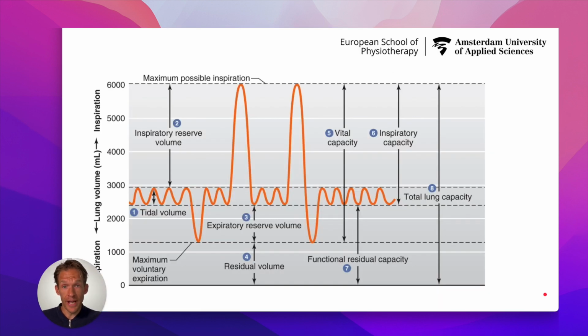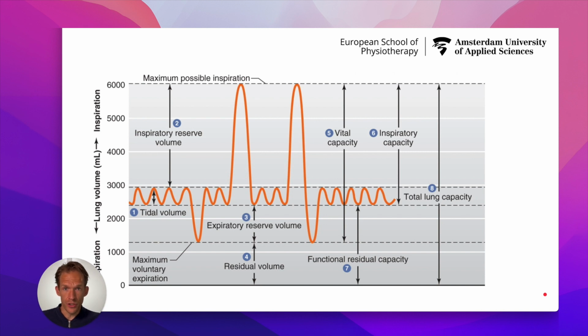What we will look at for now is a normal spirogram, and what you can see here is a list of 8 different volumes, all important, and definitely for any physio, my advice is always please know your numbers. So respiratory numbers, but also numbers related to exercise physiology, heart rate, cardiac output, as we will discuss in later videos.